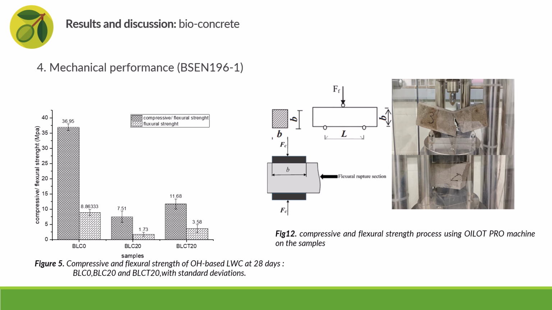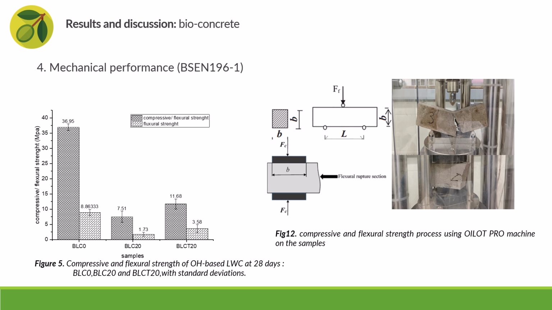Now let's turn to the mechanical performance of the composite, which is, let's say, the most important part of this study. The reference concrete without the husk recorded a compressive strength of nearly 37 megapascal and a flexural strength of about 8.9 megapascal, which are typical values for a conventional concrete.